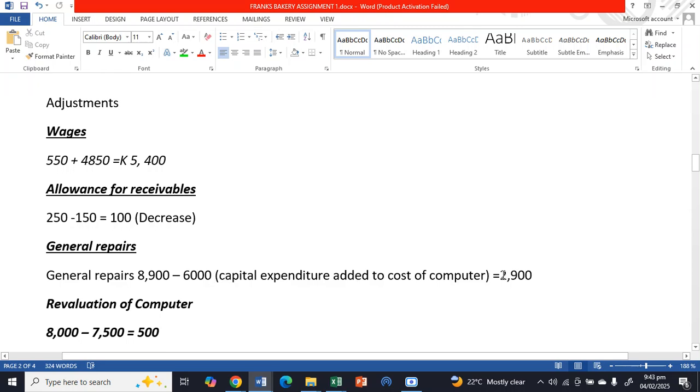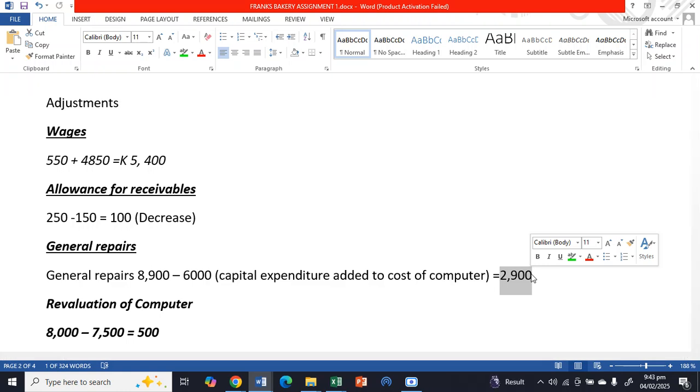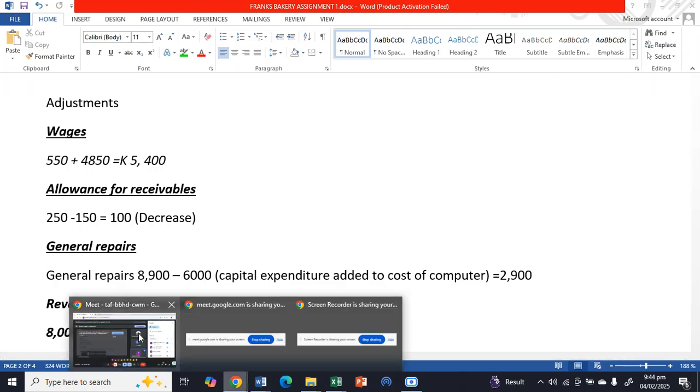This one's going to go in the statement of profit or loss. No, he was asking about this 6,000, if we add it to this 8,000 here.